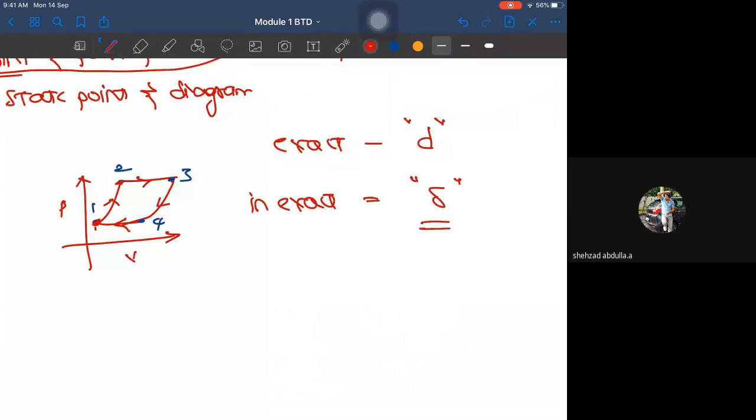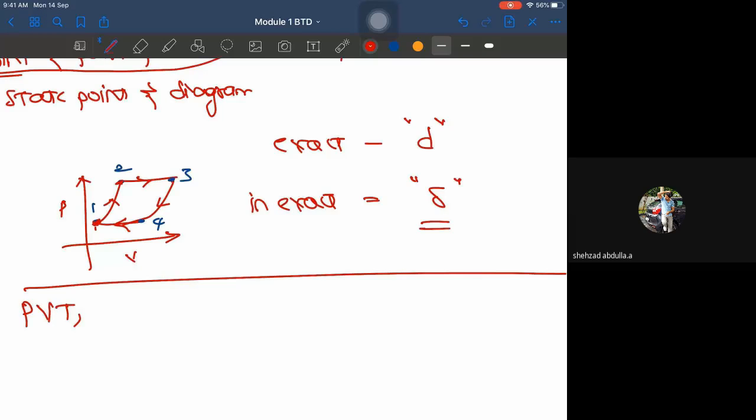So to summarize all the things, pressure, volume, and temperature are point functions. And remember, all the point functions are exact differentials. Why are they exact differentials? Because they can be calculated as the difference between the two parameters at two different states. For that difference, we indicate with d.